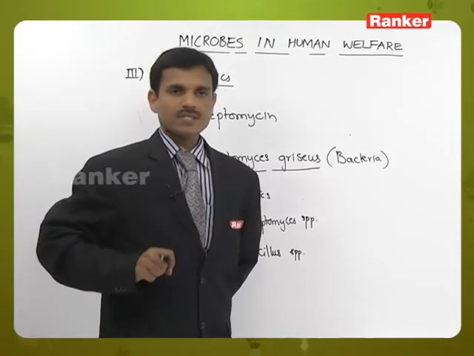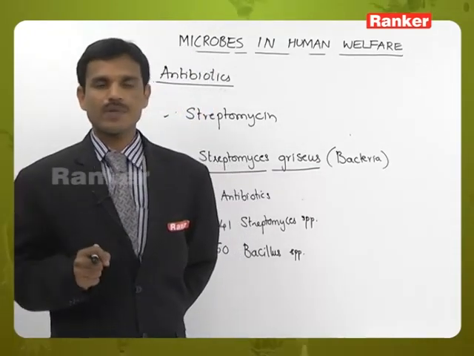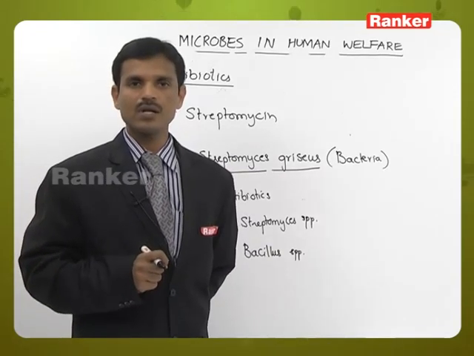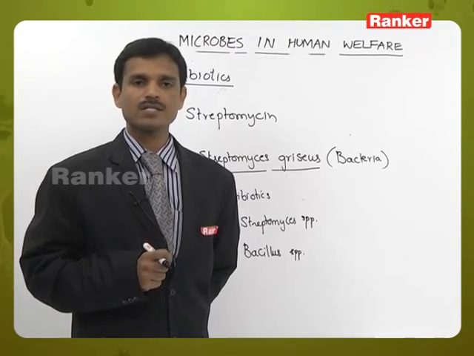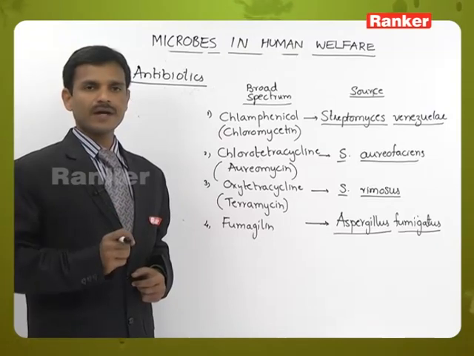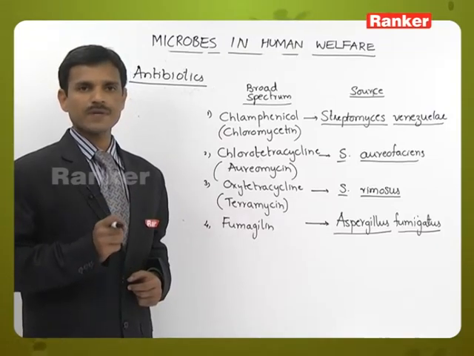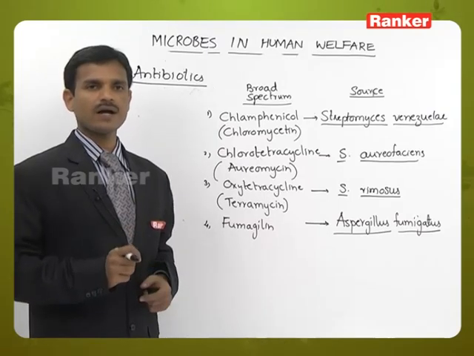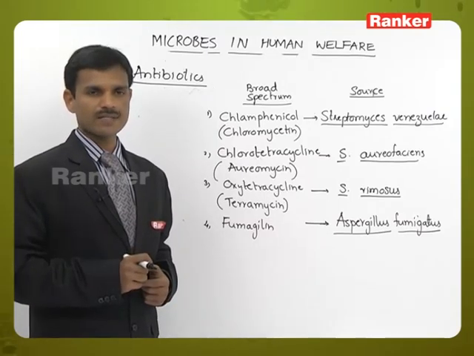So Streptomyces produces streptomycin, an antibiotic that retards the growth of pathogenic, harmful bacteria or fungal members. Here two types of antibiotics are there. One is broad spectrum antibiotics, and the second is specific or narrow spectrum antibiotics.